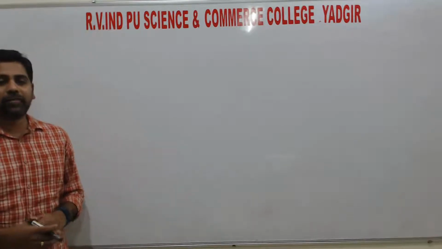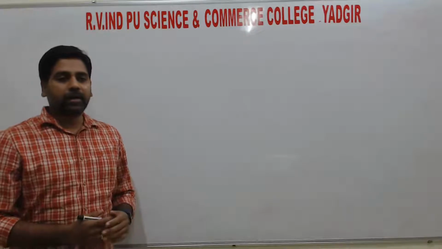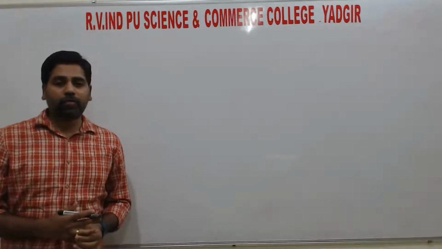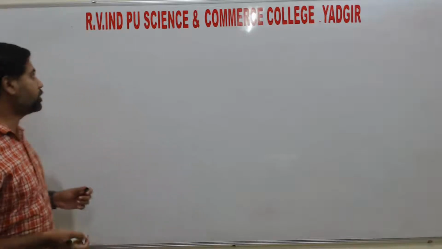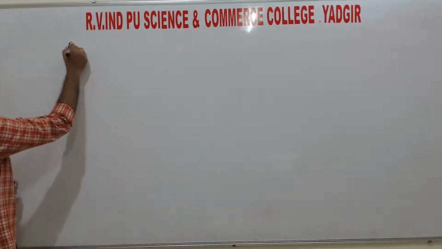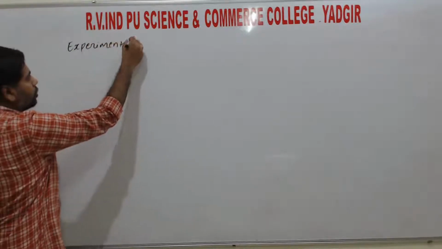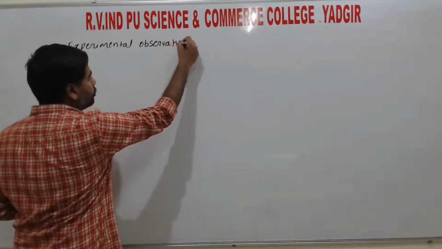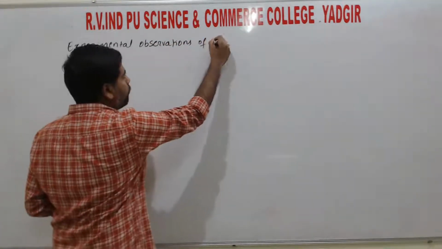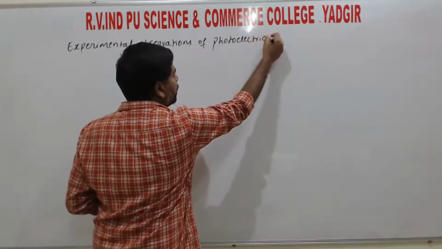In our previous classes, we discussed in detail the effects, that is, the experimental observations of the photoelectric effect. That one is very important for 3 marks. So in detail, we make the key points on experimental observations of photoelectric effect.